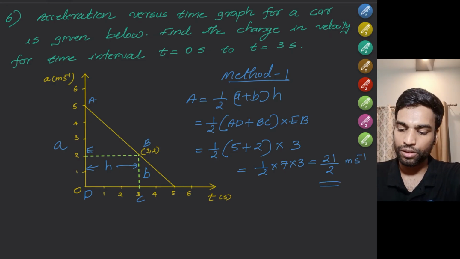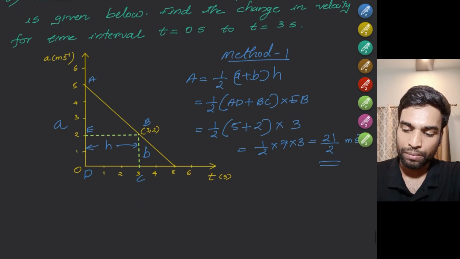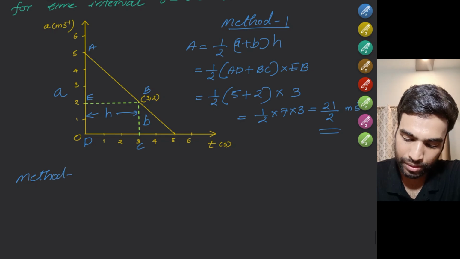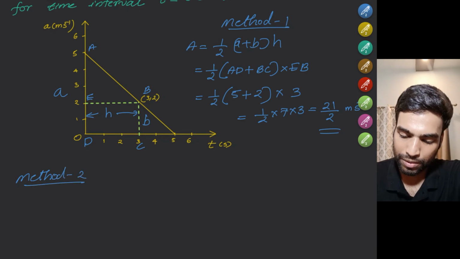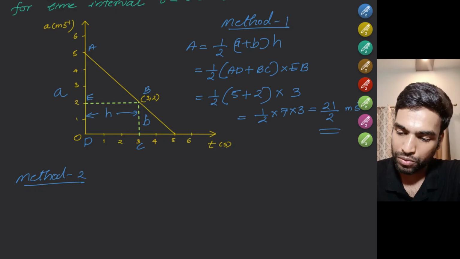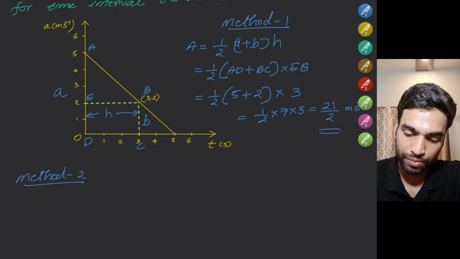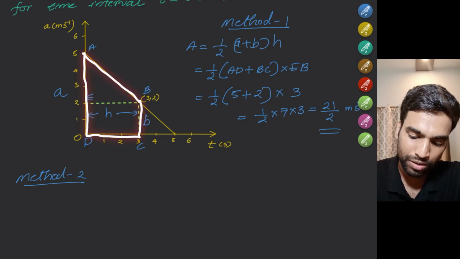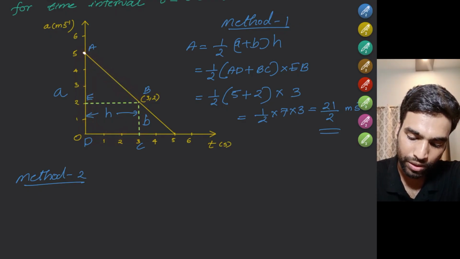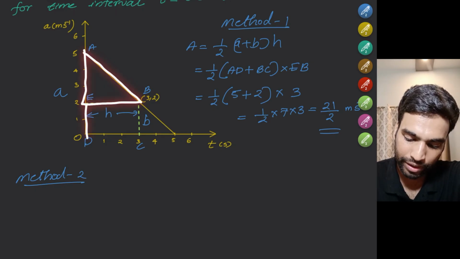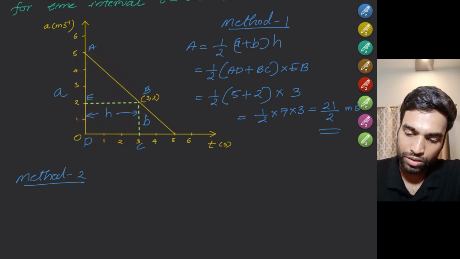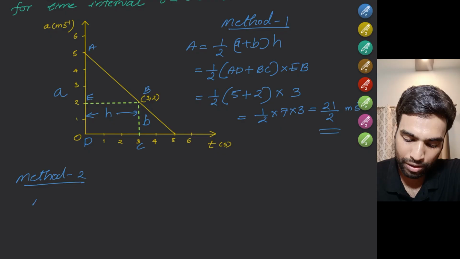Got it? And method number 2. In this method, of course, we have to find the area of the trapezium. However, for simplicity, we can divide the trapezium into a right angle triangle ABE and a rectangle EBCD. Good. So let's find the areas separately.